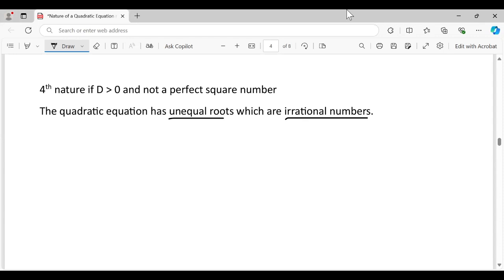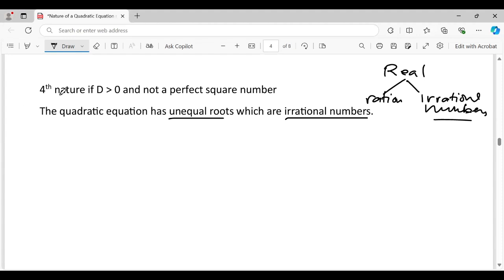As I just told you, real numbers consist of rational numbers and irrational numbers.